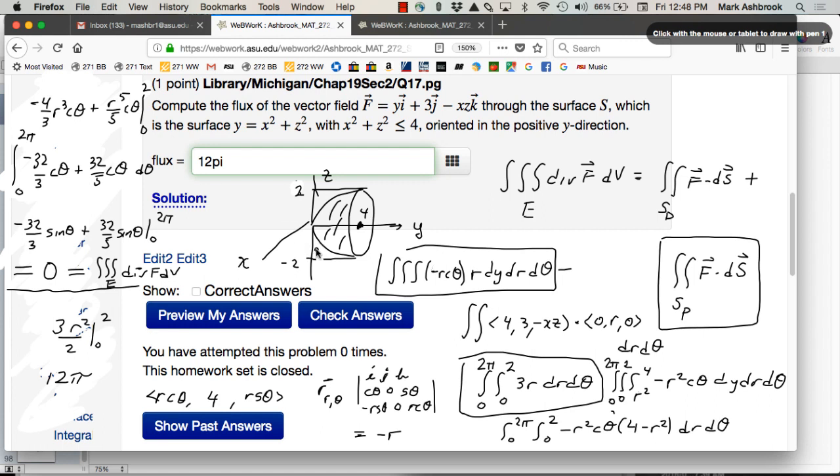Do you see that? So if you use x equals r cosine theta and y equals r sine theta, you also need an opposite sign because the direction of positive y is in the opposite direction. So it would be minus, minus, and that's why you get the plus 12 pi.